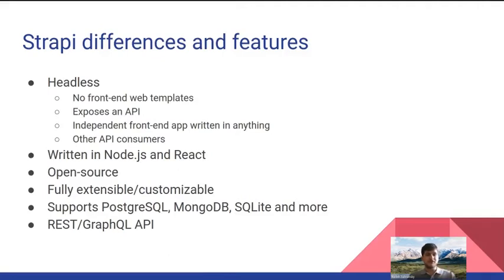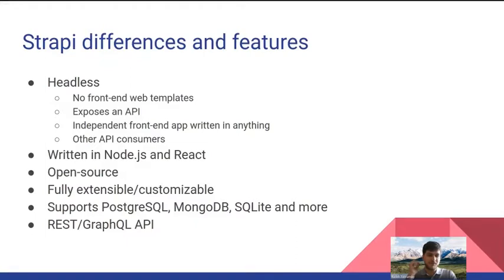The good thing, at least for us, is that it's written in Node.js and React, and it's open source, hosted on GitHub. It's fully extensible and customizable. So if you don't like something or want some feature added for some reason, you can either just modify the implementation on your end, or you can even, as I said, it's an open source project.